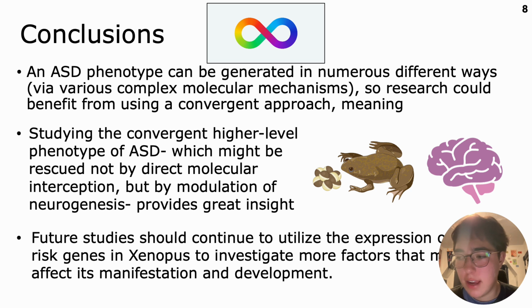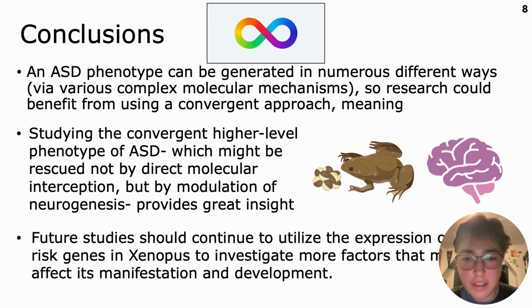With something that happens convergently, it might be more effective to study things from the neurogenesis perspective and the broader perspective, rather than looking at all of the individual mechanisms that 71 different genes might produce.